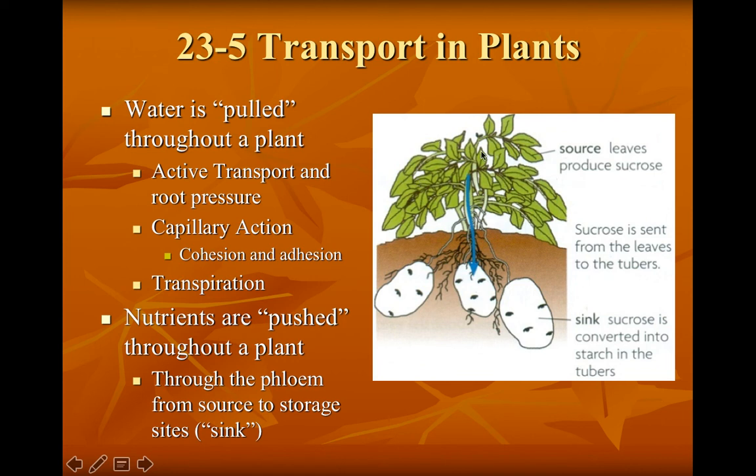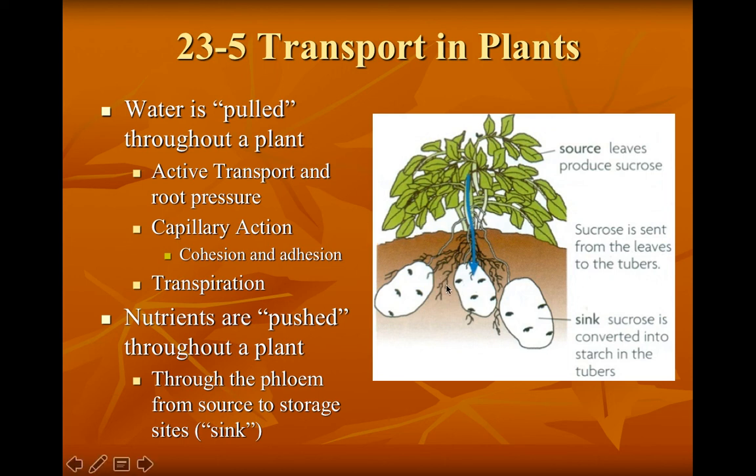The source is these leaves where photosynthesis is happening. And those nutrients, if they're not going to be immediately used up here, will get pushed to other parts of the plant where they can be used, or in a lot of cases, pushed to storage sites where they can be kept until eventually they will be used.